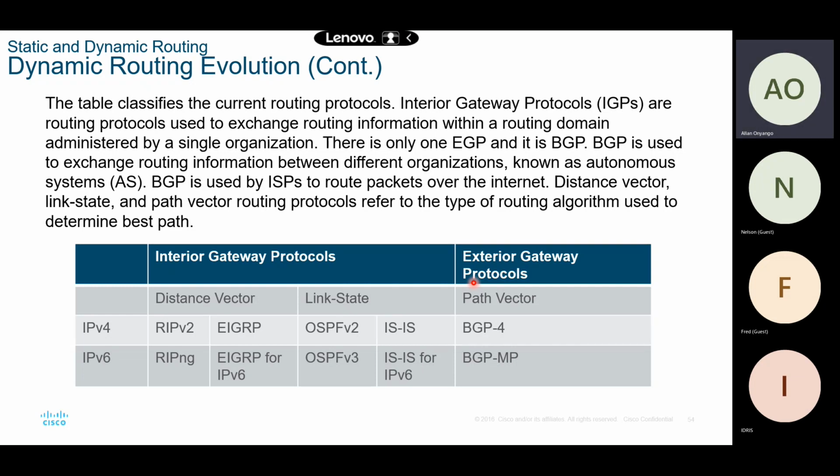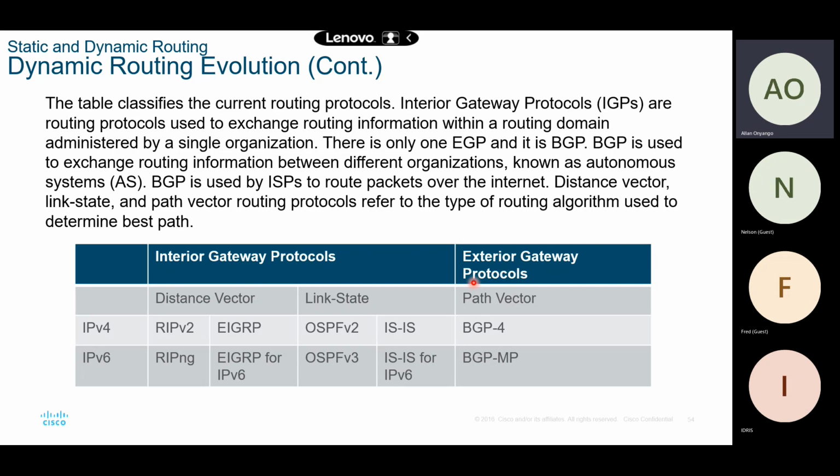And OSPF version 2 and version 3, IS-IS and IS-IS for IPv6, those are actually link state routing protocols. So OSPF and IS-IS, Intermediate System to Intermediate System. OSPF means Open Shortest Path First. So these are basically dynamic routing protocols.